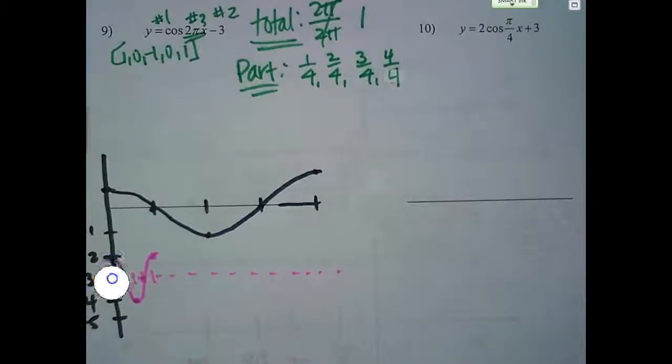This stop is 0. This is 1/4. This is 2/4, which is 1/2. So we would call this 1/2, what? -4. Does that help? Did it get any easier?